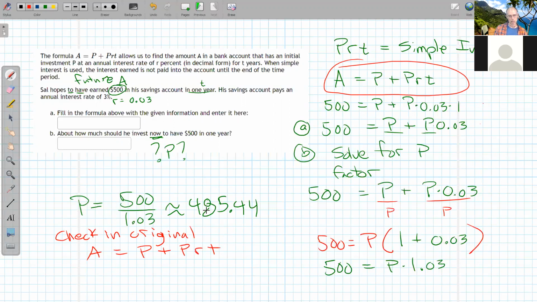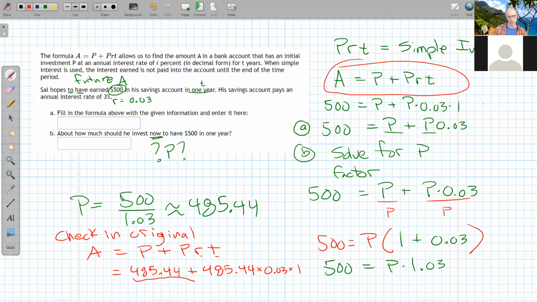And so I'm going to plug in my numbers for P, R, and T and hope I get the right A. So then that would give me 485.44 plus that same 485.44 times the 3%, that's a decimal, times the 1.